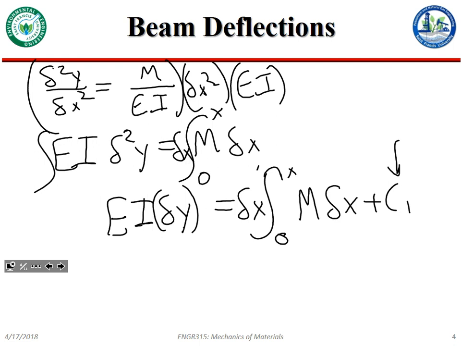So, for example, if I have my cantilever beam here and I'm pressing down at the end, what is the deflection going to be at the wall, at the neutral axis? 0, right. I know that y is going to equal 0 at the wall always. I mean, if it didn't, there'd be problems here.